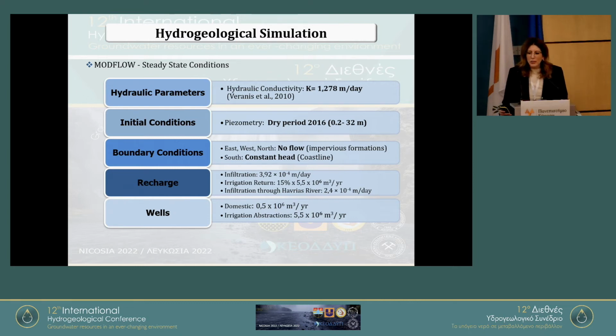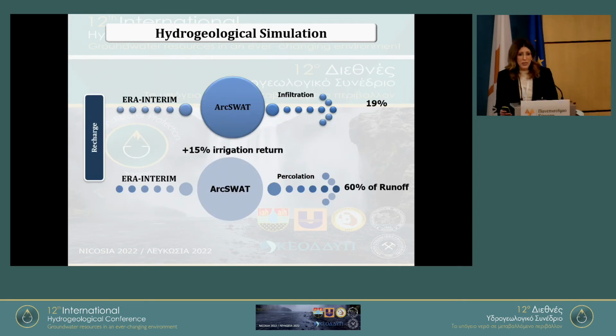Regarding the recharge, the aquifer is mainly recharged by infiltration, the irrigation returns, and the infiltration through the Havrias River basin. Based on the discharge measurements, this infiltration is about 60% of the surface runoff. In this study, the recharge was quantified by using the ArcSWAT interface.